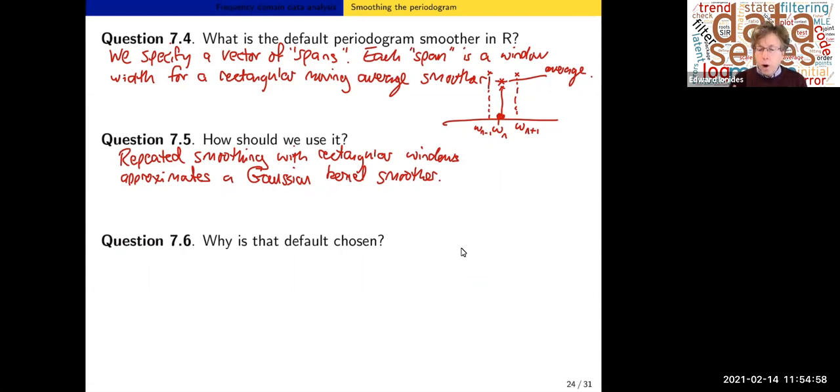This question of why this is the default has always seemed a little mysterious to me. I think it's chosen for historical reasons.